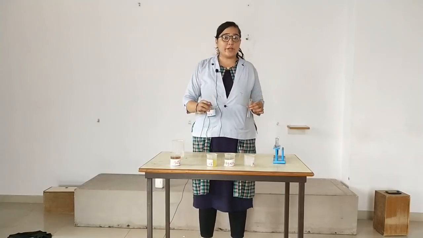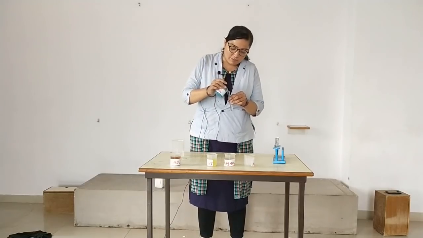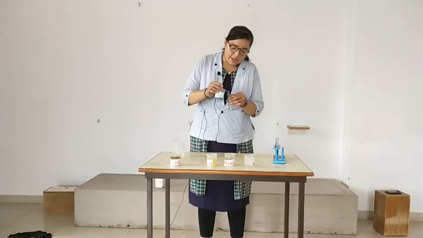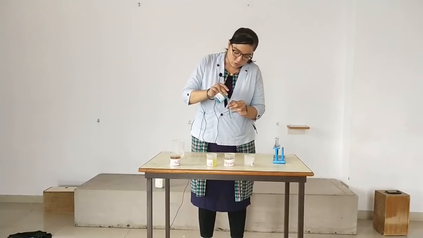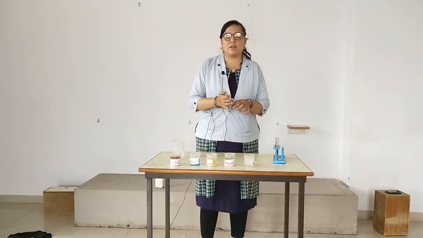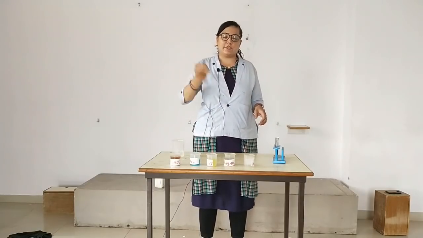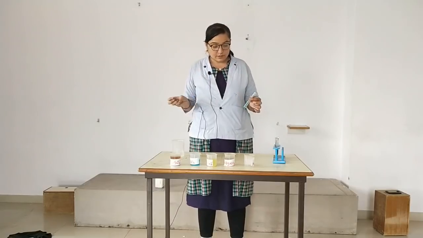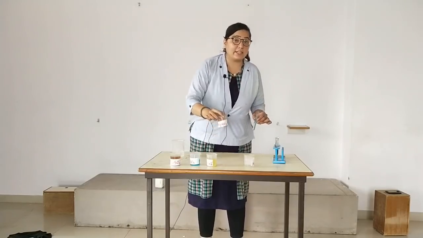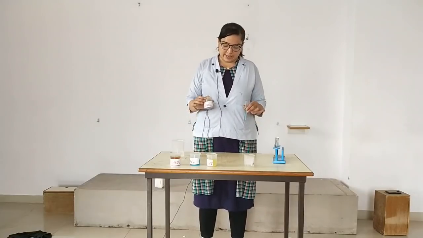To water, copper sulfate solution is added. A little bit is enough so that it becomes a dilute solution. Shake well before use. To this, the solution of HNO3 is added.